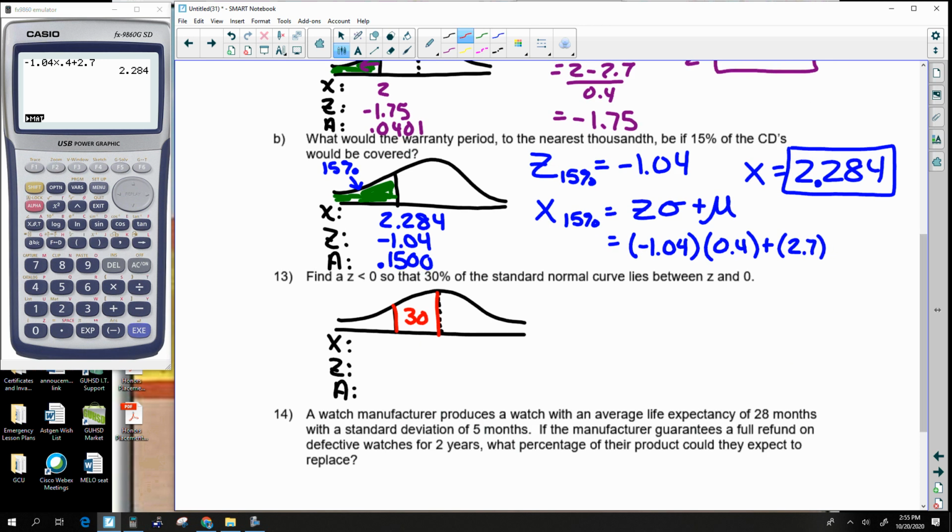So I'm not so much interested in the middle being 30%. Yes, that's what I need to obtain, obviously. But I'm going to be looking up 20%, because that would be the area to the left of this line. And the question is asking, what is that z-score in that scenario?